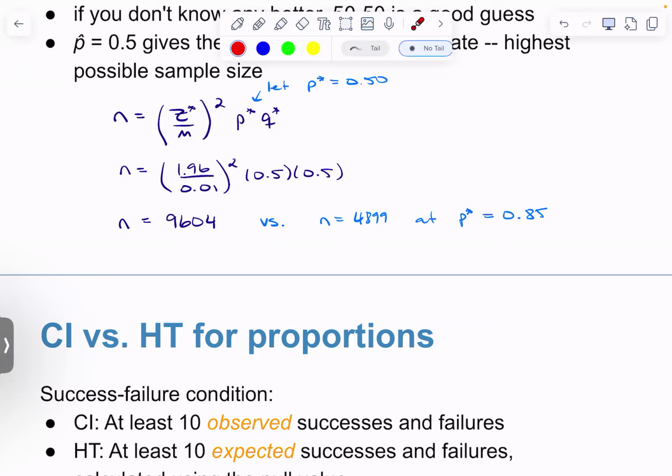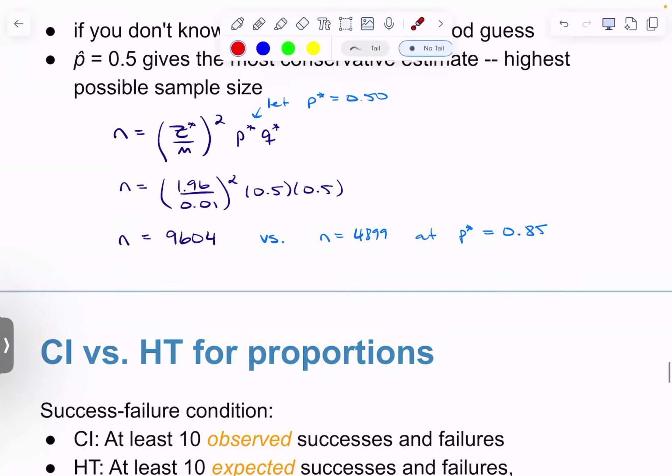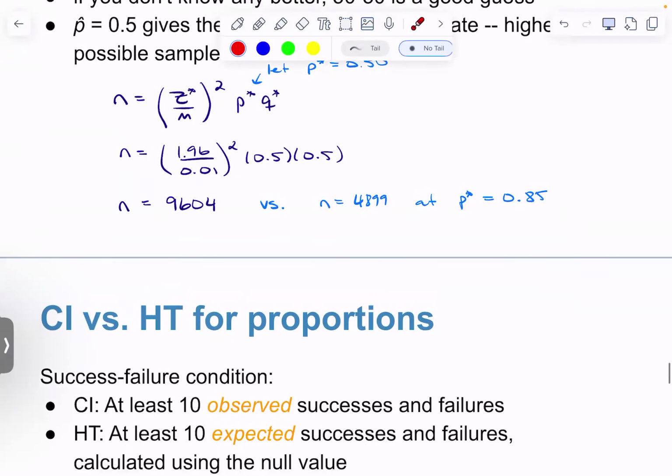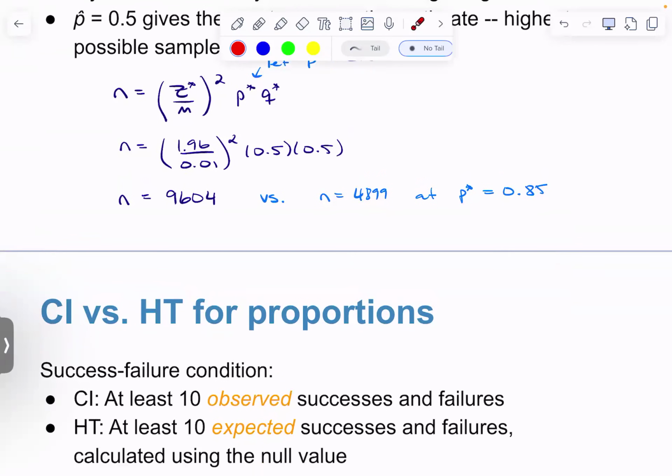And so it can be expensive because we usually need to coerce people to do our surveys. Or it's just hard to collect specimens if we're talking about animals and things like that.